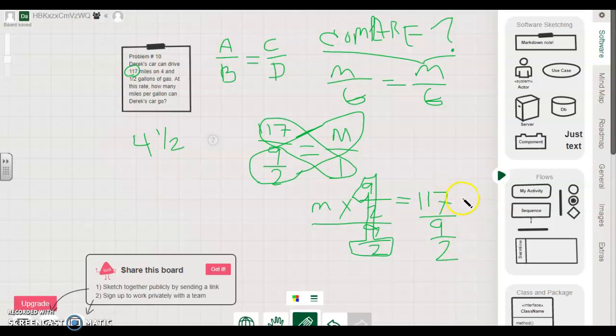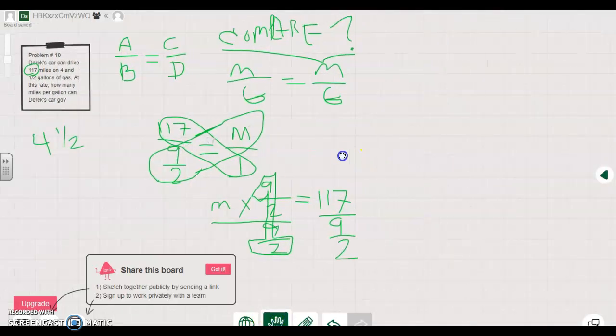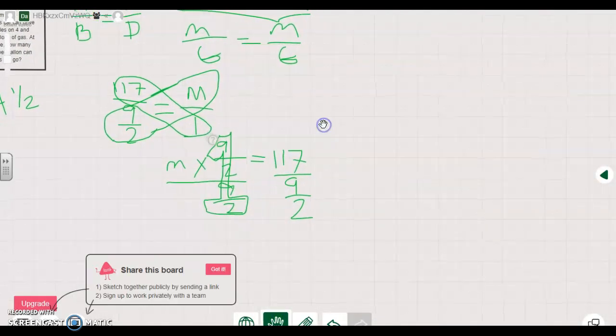So now I have M equals 117 over 9 over 2. This is the way we want it, except we want a fraction over a fraction, and right now 117 is not a fraction. That's fixed easy enough.